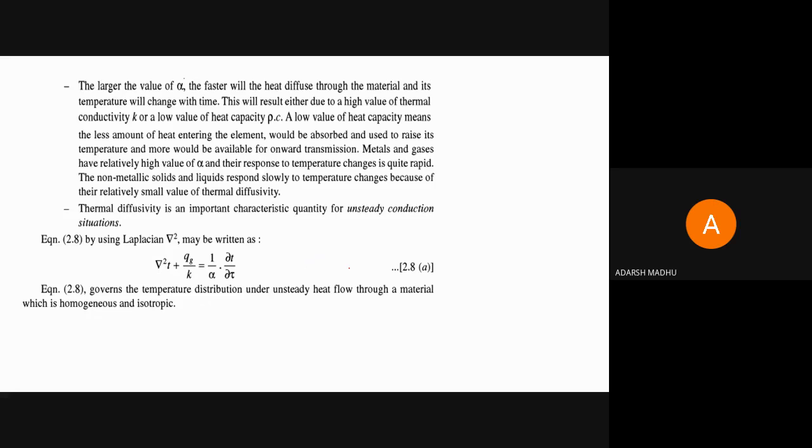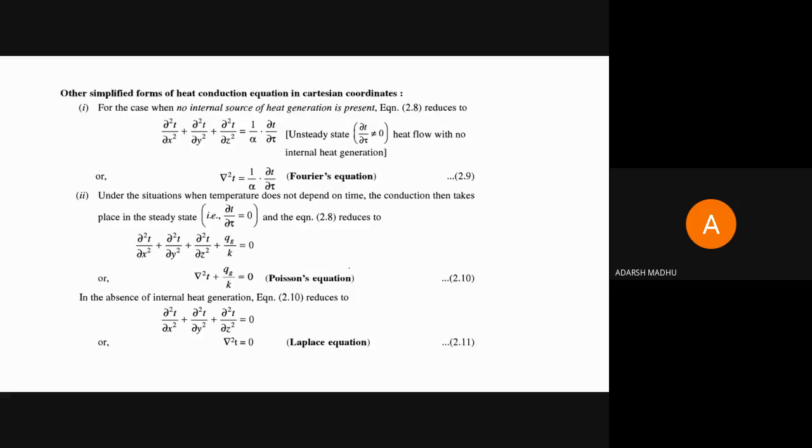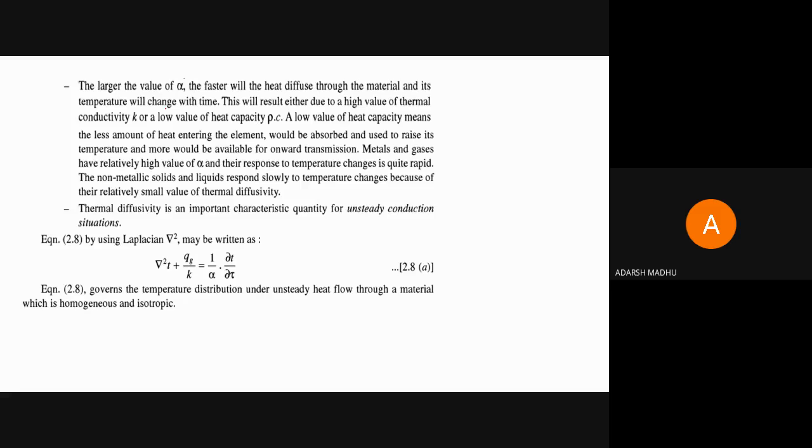So when the value of alpha is higher, the heat will diffuse faster through the material, and when it decreases, the diffusivity will also decrease. And we can change the Cartesian coordinate equation into three forms to get three equations. For the first, we are taking three cases. First case, the equation is like that.